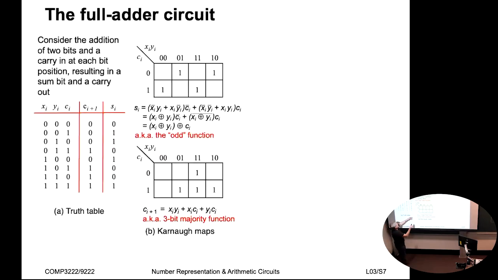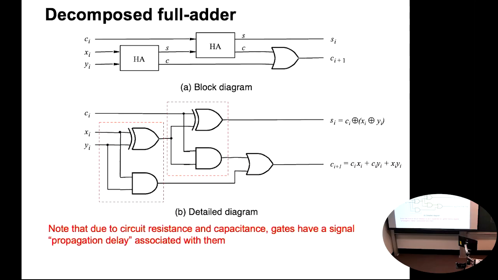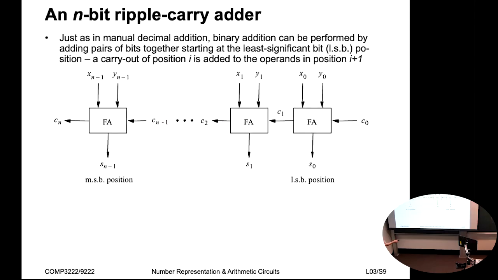We have this expression here for the sum, and that has the carry in linked into it. So only when we know what the carry in is can we compute what the sum should be. Since it takes time for those to arrive, it's going to take time for the sum bits to be derived, one after another, from the least significant bit position all the way to the most significant bit position.